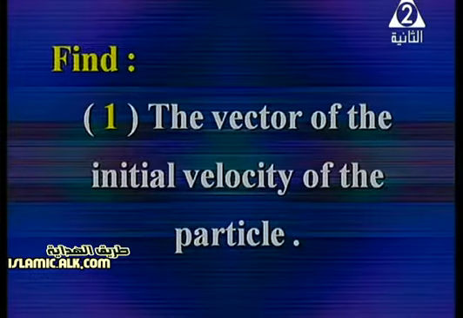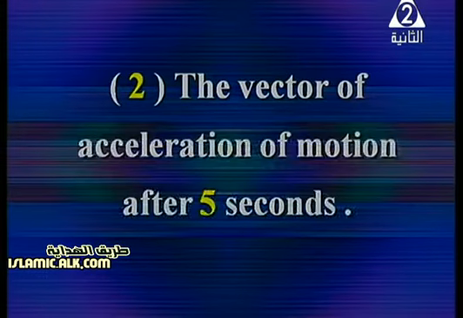Vector of initial velocity, what do you mean? We have displacement S, dear student. We differentiate displacement with respect to time t to find the initial velocity of this particle. The second required, what is the vector of acceleration of motion after 5 seconds? What do you mean?